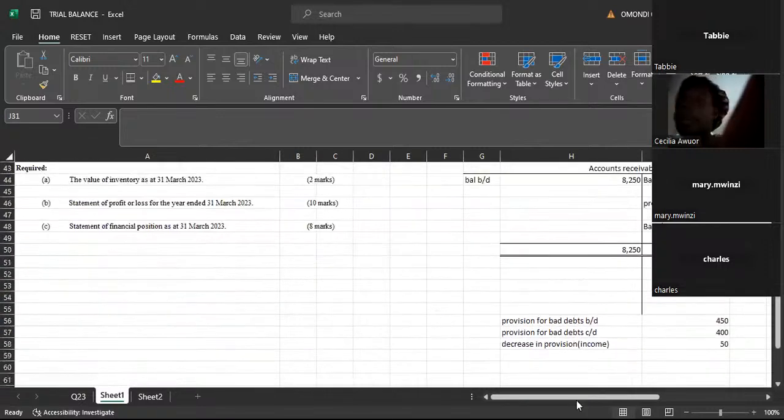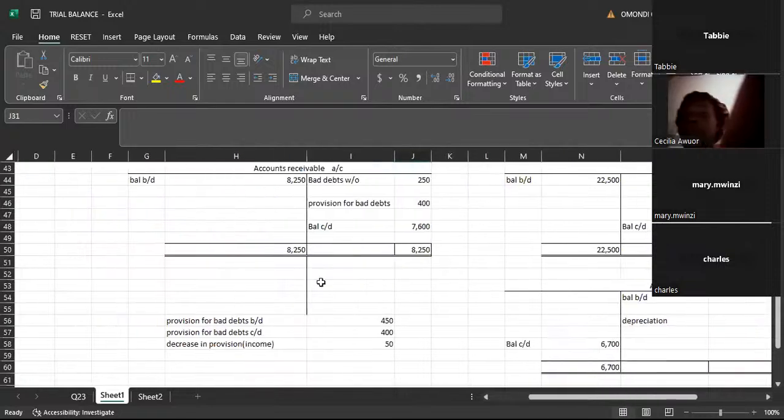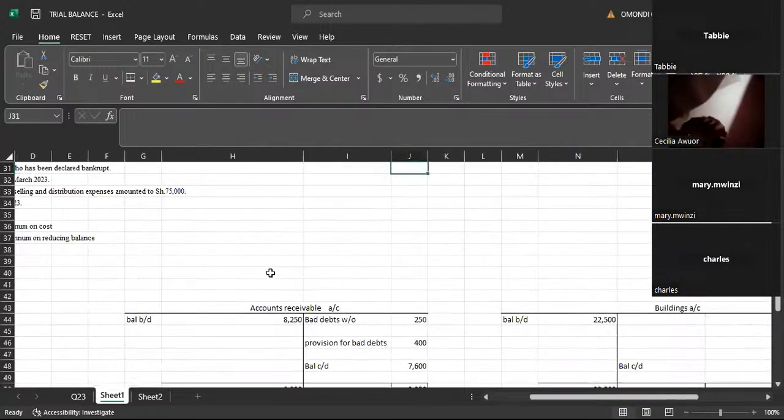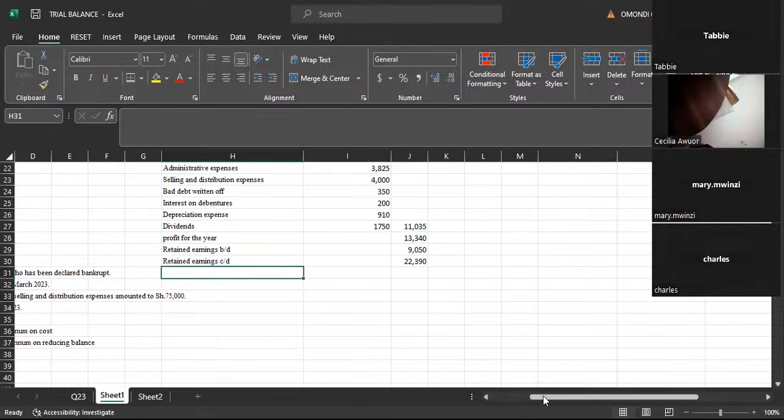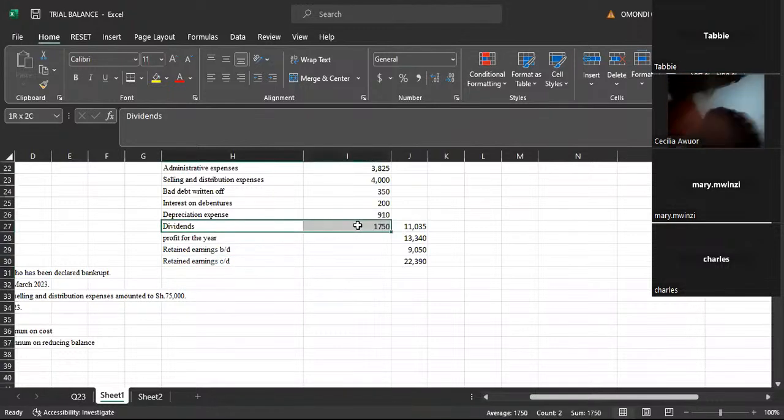Okay, so there's something here that we also need to look at up here. This transfer to general reserve. If you're not going to include it here, it means you should have a statement of changes in equity somewhere to take care of that. And if you do that, it means dividends should not also be placed here.